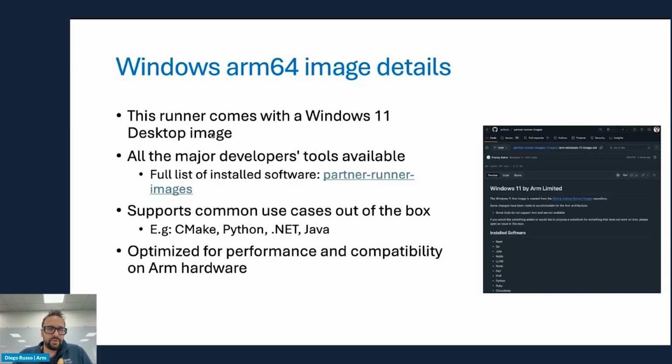It also supports a wide range of common use cases right out of the box. This includes CMake, Python, Java, .NET, and many more. So you can get started quickly. And because it is optimized for performance and compatibility on ARM hardware, you get a fast, reliable, and production-ready environment from the start.